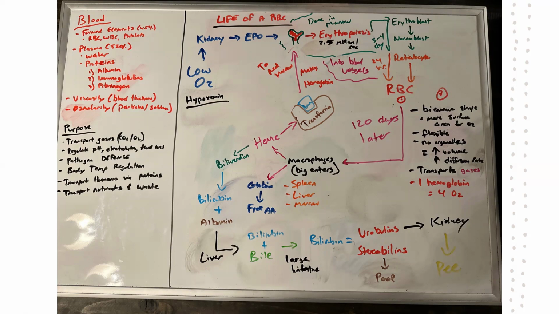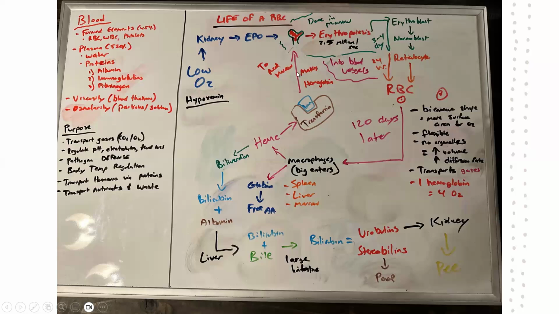So again, low oxygen condition in the kidney causes the release of EPO or erythropoietin, and that stimulates erythropoiesis in the bone marrow. So the way I've broken this down is that here in the green, I have what happens in your bone marrow.